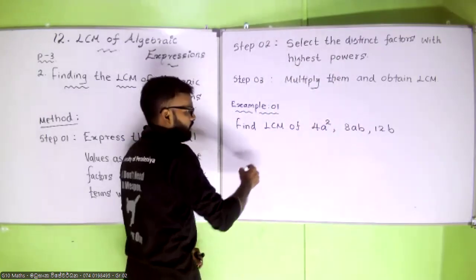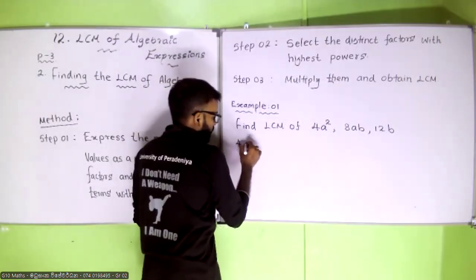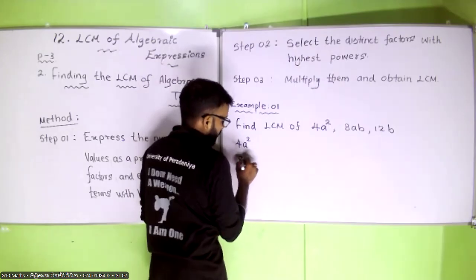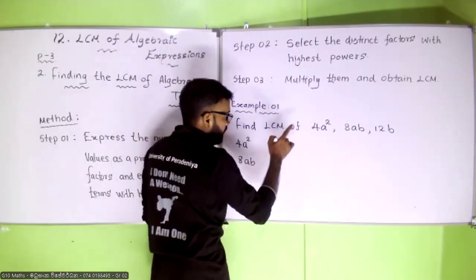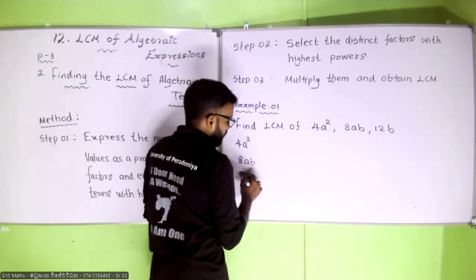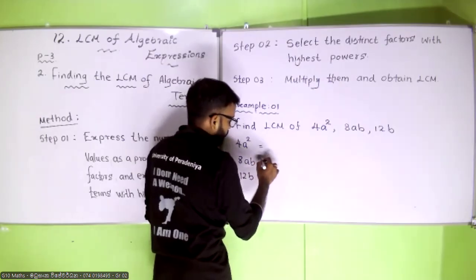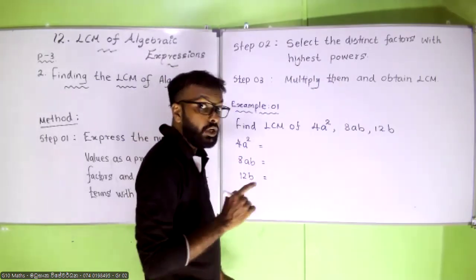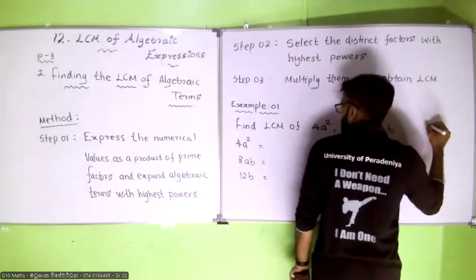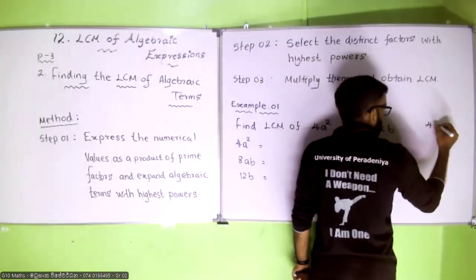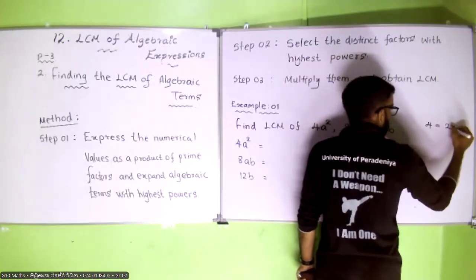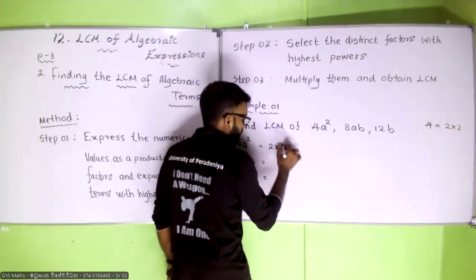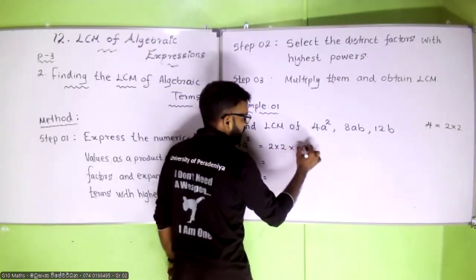So here you have 4a squared, there you have 8ab, there you have 12b. First of all, I am going to convert these 4, 8, and 12 into prime factors. 4 you know how to represent: 2 times 2. First I will write it as 2 times 2 times a to the power 2.